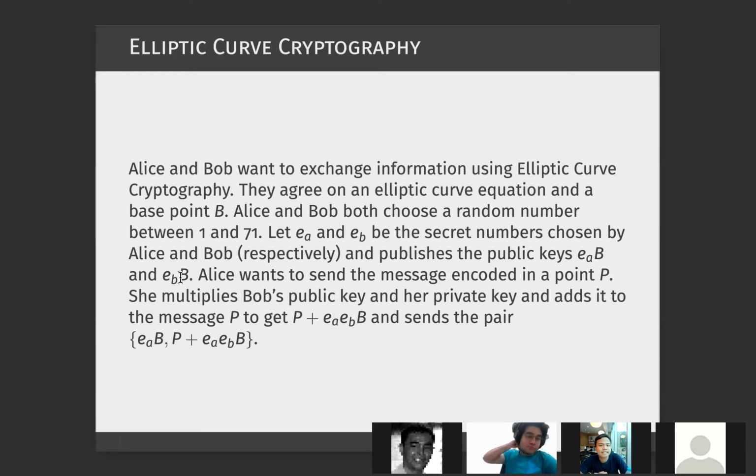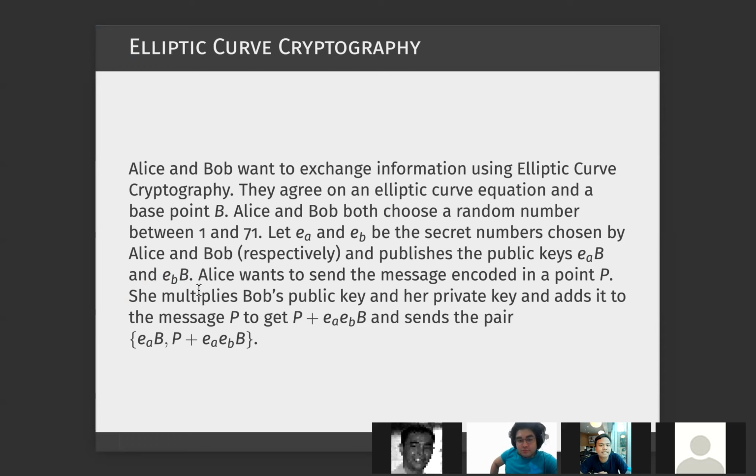So Bob will get his number, multiply the base point with the number, and publish it, because he knows that it's so hard to derive EB, E sub B, given this information.